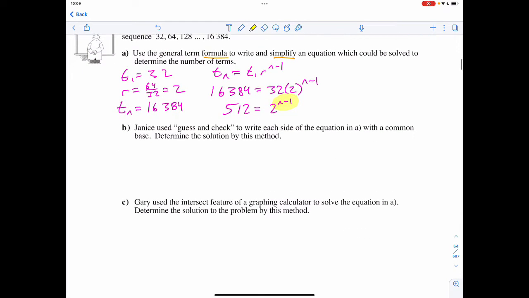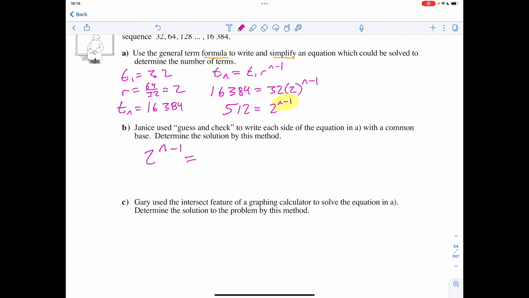Janice is using guess and check to write each side of the equation with a common base. So, Janice said that if I have 2 to the power of n minus 1, then she tried, because we know that the n has to be a natural number, 2 to the power of 1, 2 to the power of 2, 2 to the power of 3, 2 to the power of 4, 2 to the power of 5, going on and on until she found 2 to the power of something that gave her 512.